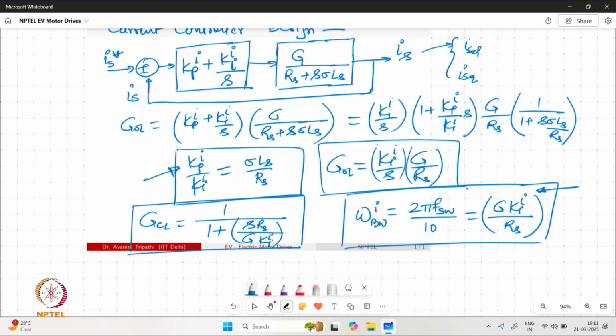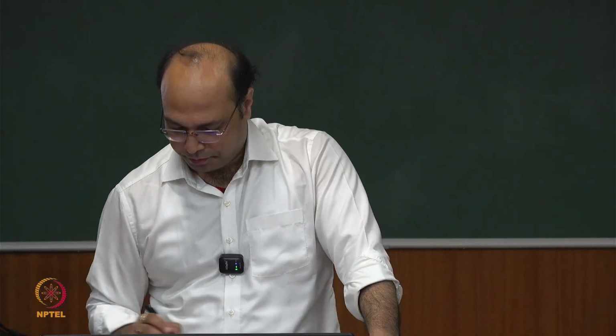So we can plug in these values of Kp and Ki in the current controller, and we can achieve the desired response from the current controller.